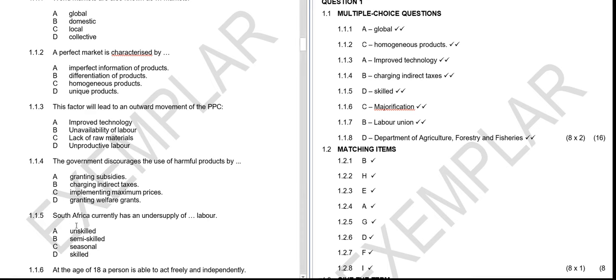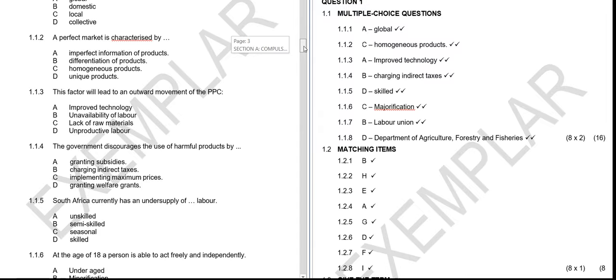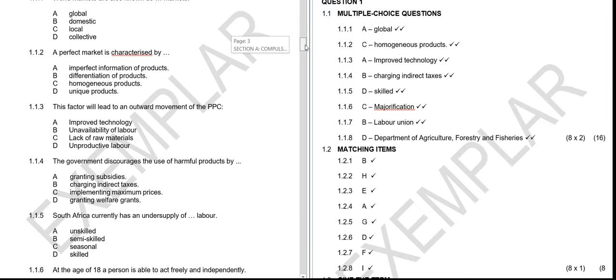Number 5, South Africa currently has an undersupply of dash labor. The correct response is skilled labor. So when we have an undersupply of skilled labor, it also means they have to import labor from other countries to close the gap that they have.